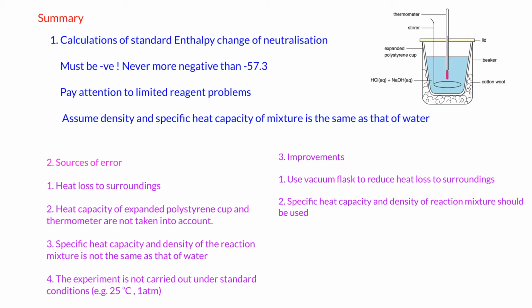To summarize, remember the calculation of the standard enthalpy change of neutralization, just like before: you use E equals mc delta T, which will be negative, over the number of moles of water. But you have to pay attention that there may be limiting reagent problems, so you may have to tell which one is limiting and which one is in excess.